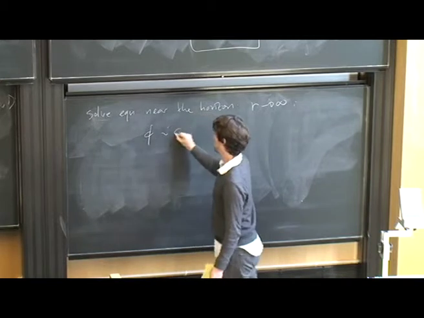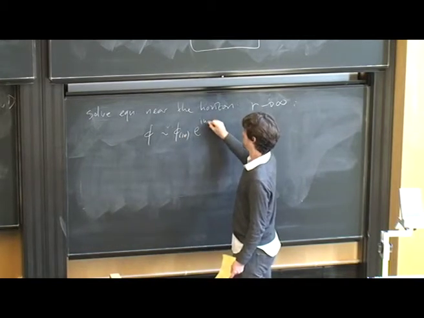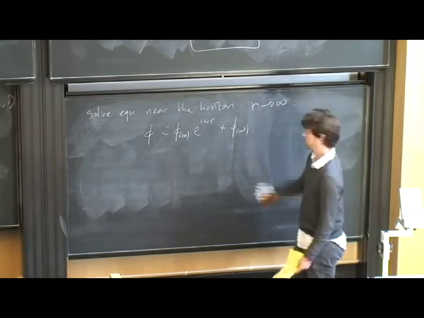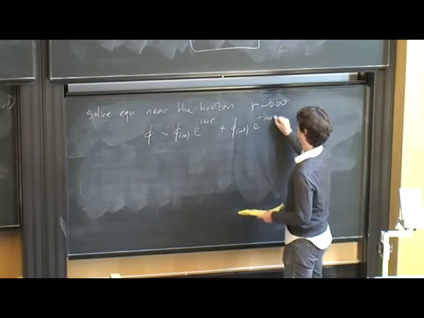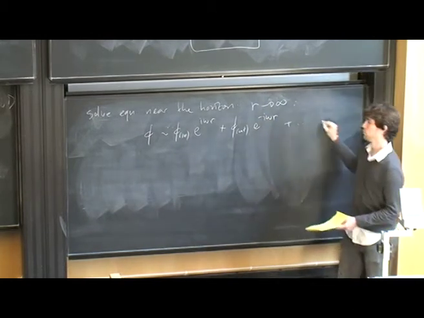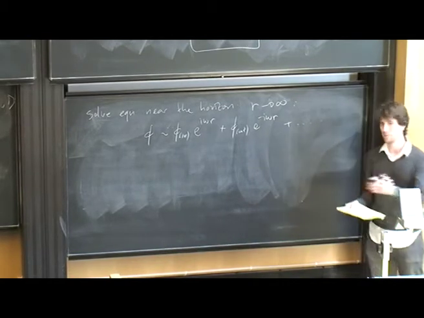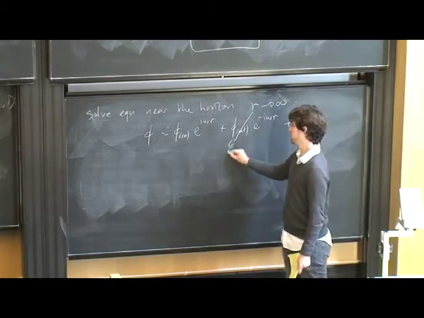Phi will go like phi infalling e to the i omega r plus phi outfalling e to the minus i omega r. Those will be the two leading behaviors near the horizon. Basically, something can come into the black hole, or it can come out, but as you know, it shouldn't come out, and so we have to set that one to 0.